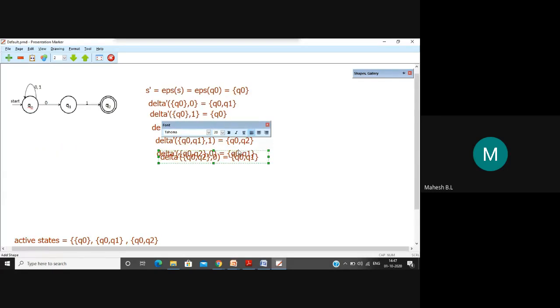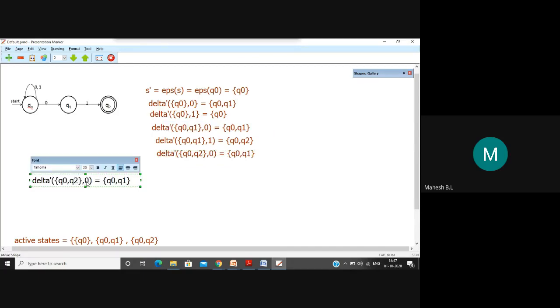Then next we need to compute Q naught Q2 on 1. Q naught on 1 is Q naught. Q2 on 1 is not defined. Q naught on 1 is Q naught itself. Epsilon of Q naught is Q naught.